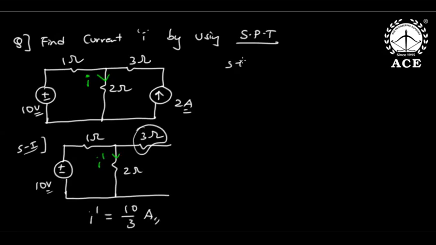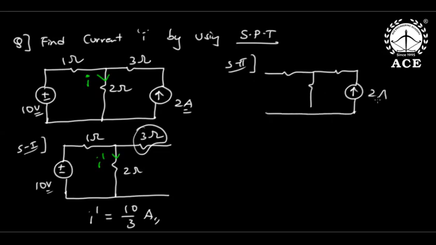Now step 2: I will take the 2 amps source only. This is 1 ohm, 2 ohm, 3 ohms, and I will short the voltage source. Let this current be I double dash.